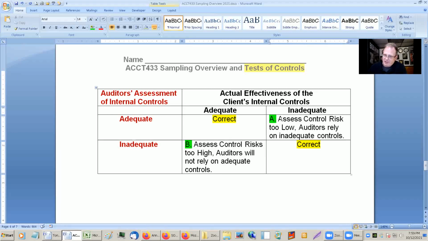But A is the one that actually scares auditors. These are the ones that are frightening, when you think everything is okay and it's not. This is basically an audit failure: you think everything's okay, you rely on it, and you shouldn't be. Okay, well, we'll stop here.